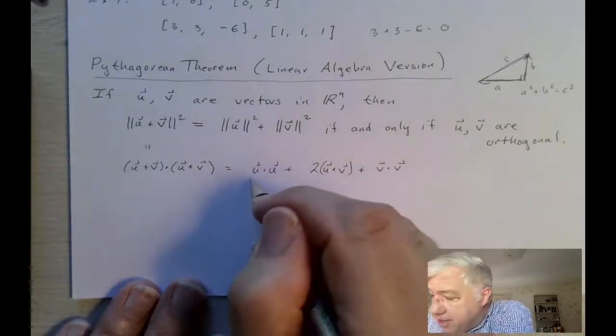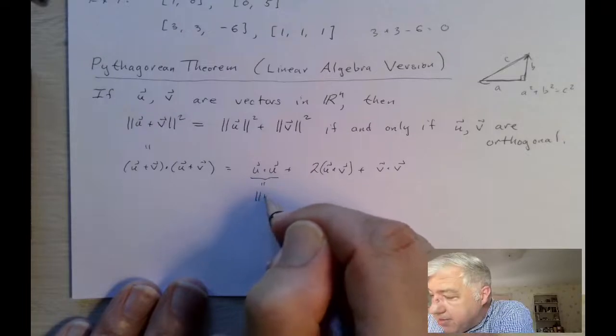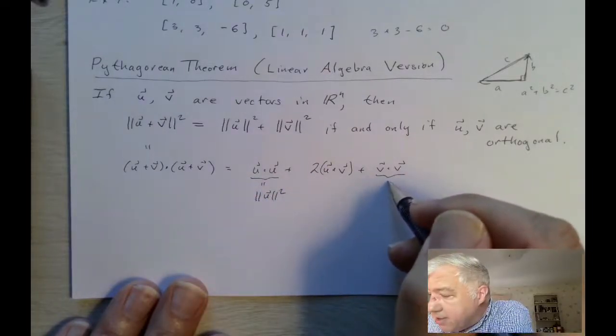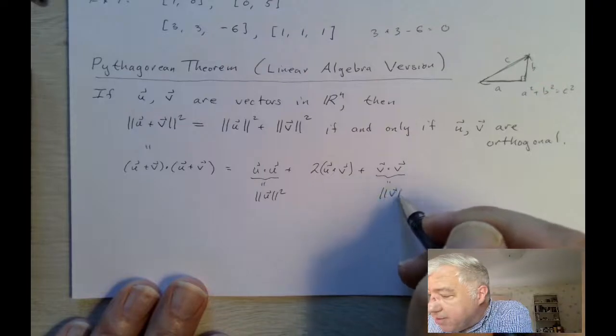And we know that this is equal to the length of u squared, and this is equal to the length of v squared.